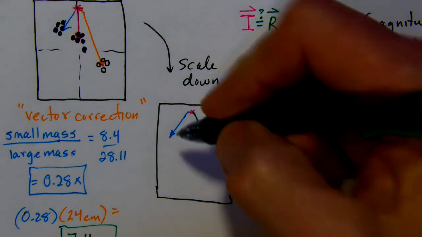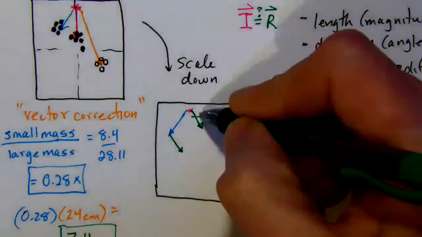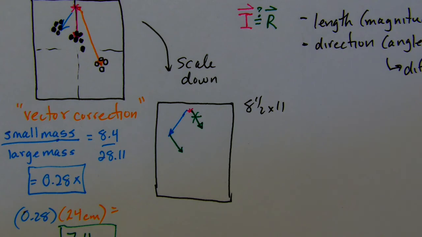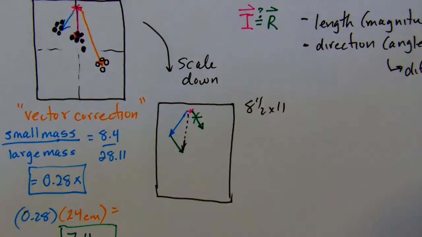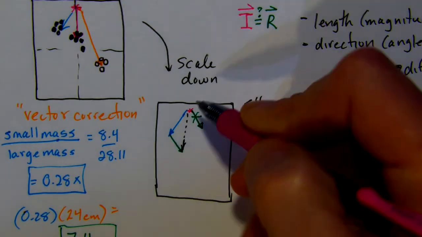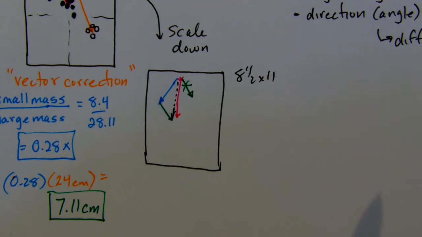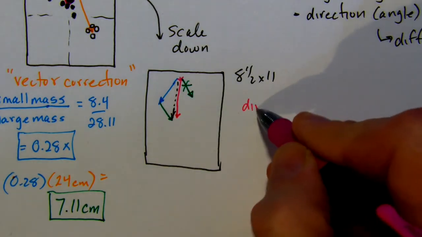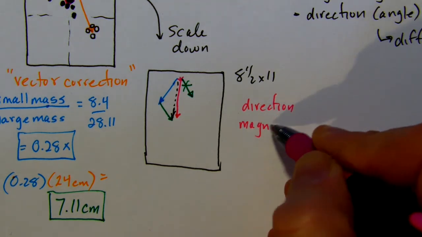And when you add them together, we can take that green one there, act like we crossed that guy out, draw this resultant vector here, and then we can compare it to the pink. Hopefully it comes close. But you get the idea that now we can again talk about the direction and the magnitude. We can talk about those two things.